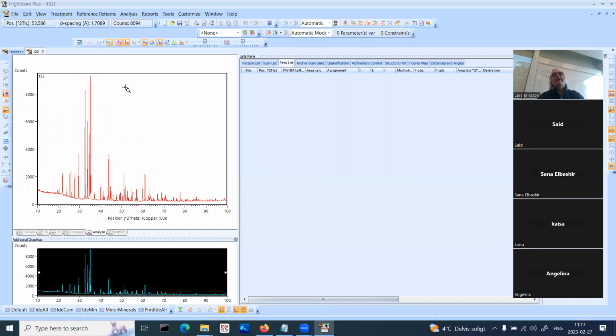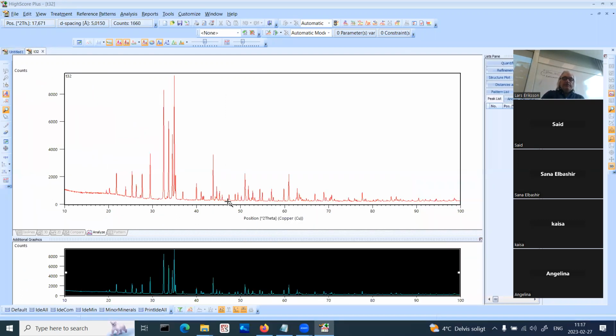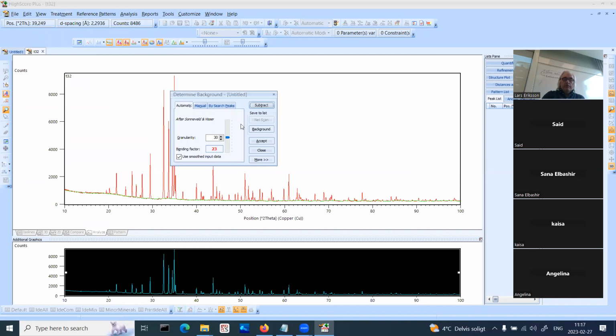Yeah. Sorry about the struggle. Here is a typical diffraction pattern from a powder X-ray diffractometer. We go for background. Accept this background.